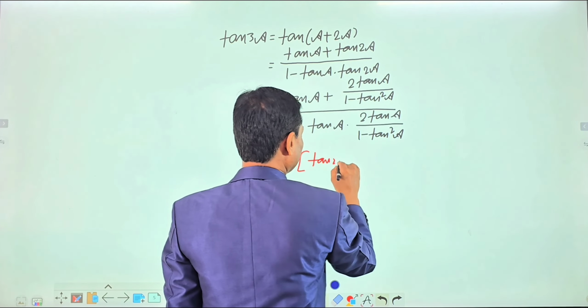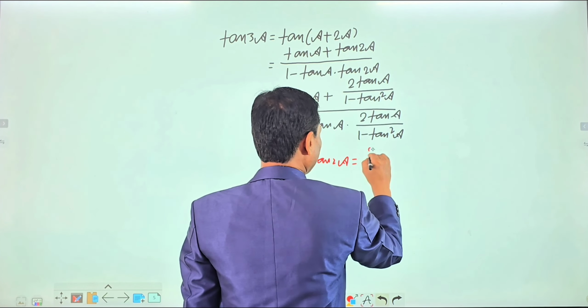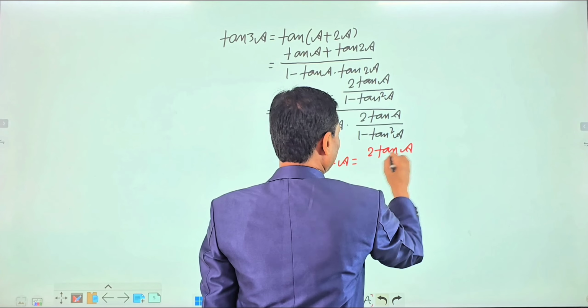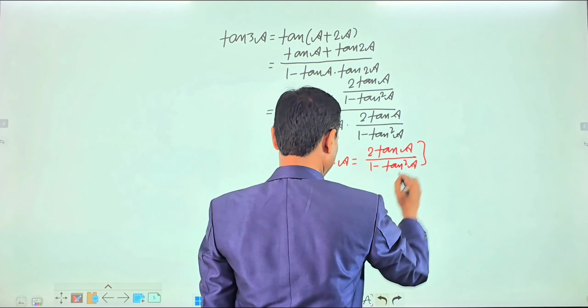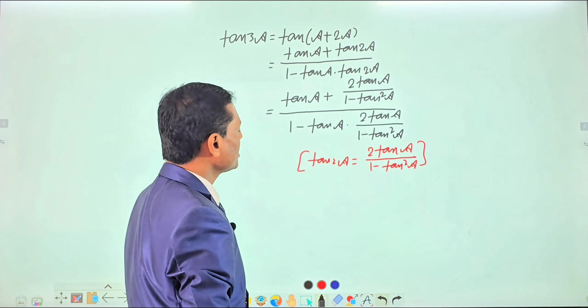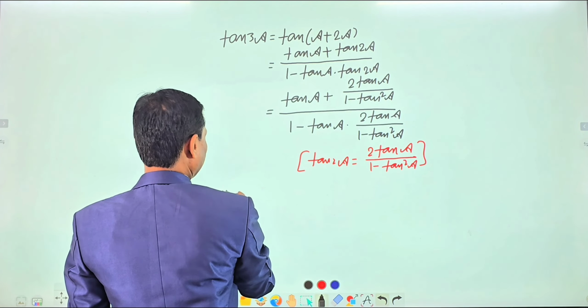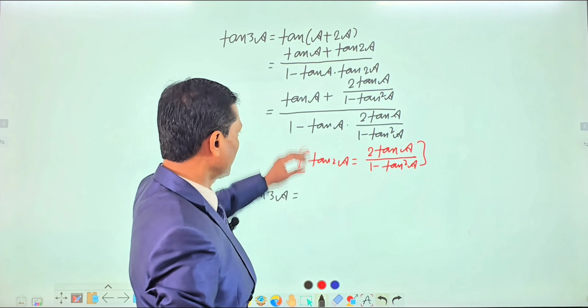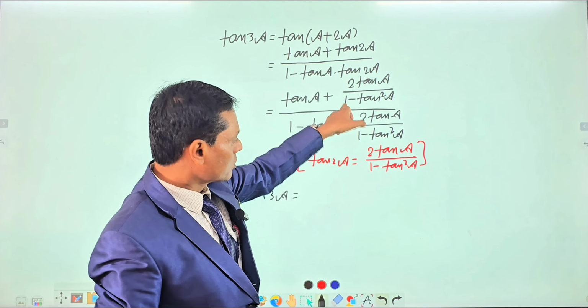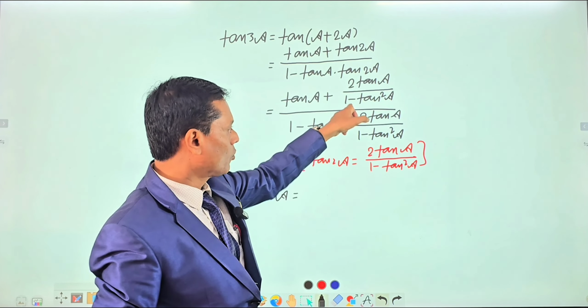Tan 2a equals to 2 tan a over 1 minus tan square a. So likewise, let's do the simplification here. So we have here tan 3a equals to, have a look here. Here I'm just going to take LCM 1 minus tan square a.